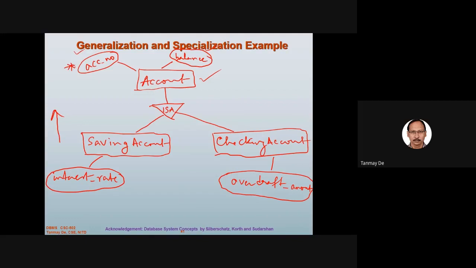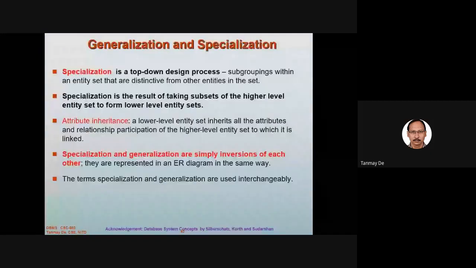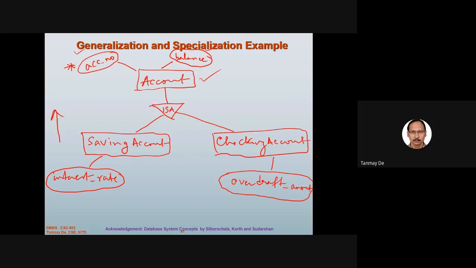If we think of specialization, it is the top down approach, just the opposite of generalization. That is subgrouping within an entity set that are distinct from other entity sets. So if you think of this example from the bottom up approach, that is generalization.